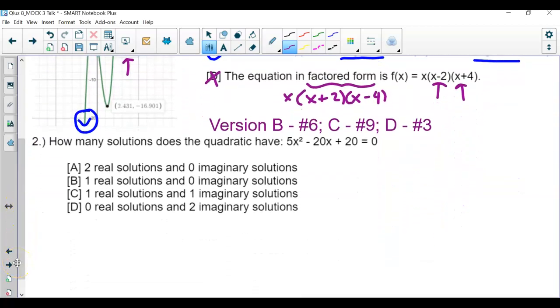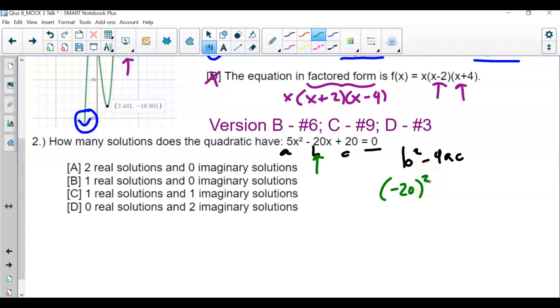So question number 2, you had to see how many solutions. This is when you're having to calculate the discriminant, b squared minus 4ac, where you can identify, because our equation's equal to 0, so we're good, your a, b, and c values. Now the key is this: if you're putting this in the calculator, you have got to make sure you put it in correctly, because b being -20 here, you have to put that in parentheses, -20, and then to the second power on the outside.